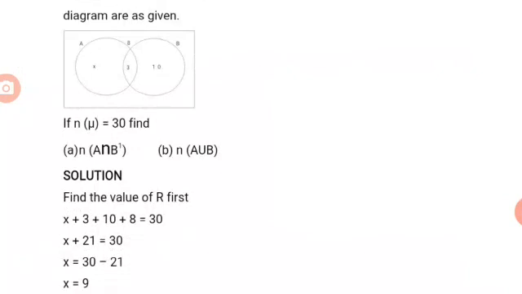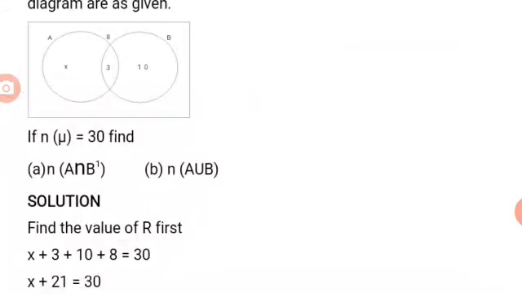Solution. The first thing that we want to look at is to find the value of X. First, by finding the value of X, we have X plus 3 plus 10 plus 8 equals 30 from the Venn diagram.